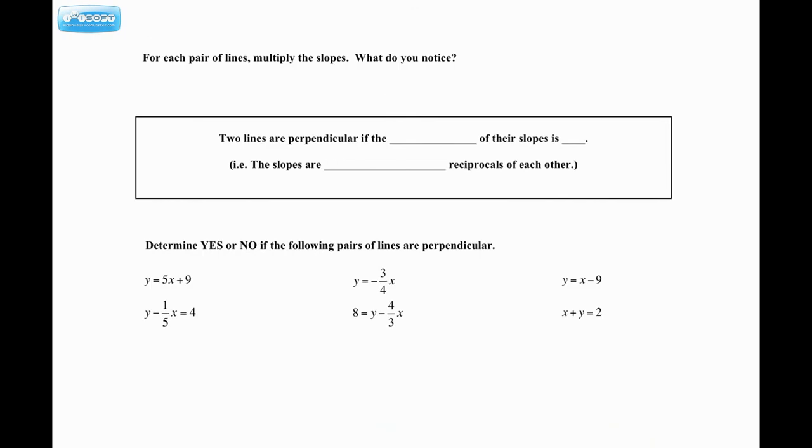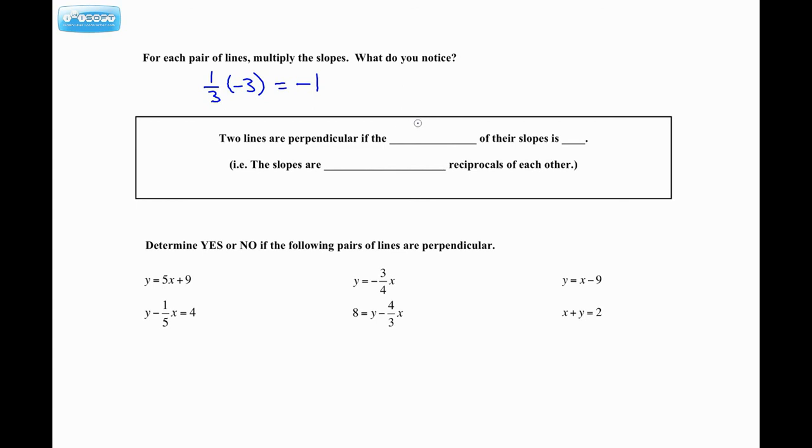For each pair of lines, multiply the slopes. What do you notice? For the first set of lines, the slopes were 1/3 and -3. Let's multiply those together. We had 1/3 times -3. You'll notice the 3's cancel, but your result is just negative 1. Let's try it again with the other set.